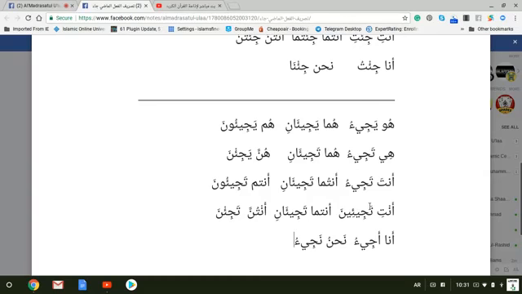Anti taji'ina. Antunna taji'na. Ana aji'u. Nahnu naji'u. Very important with this conjugation and understanding and looking at the patterns for the conjugation of verbs.